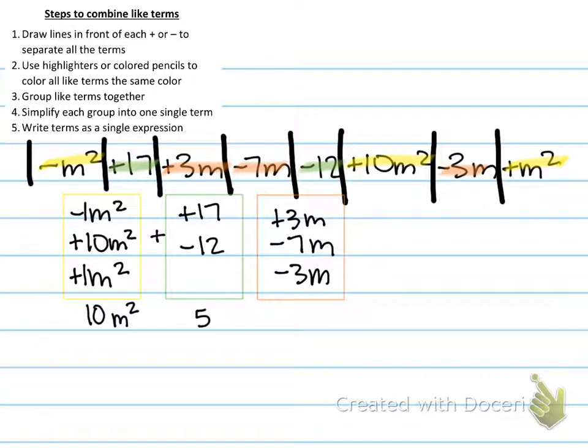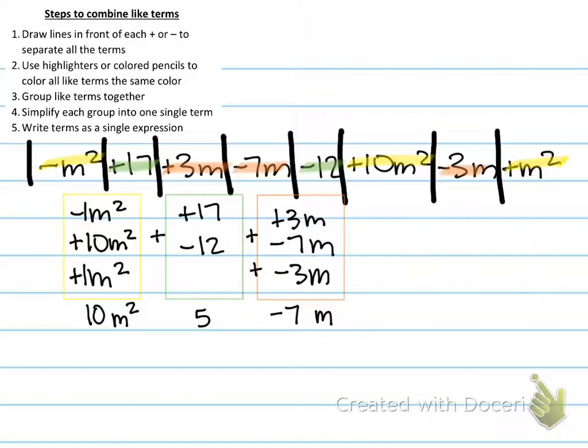And positive 3m plus negative 7m plus negative 3m, how many m's do I have? I have negative 7m. So the last step tells me to write my terms as a single expression.